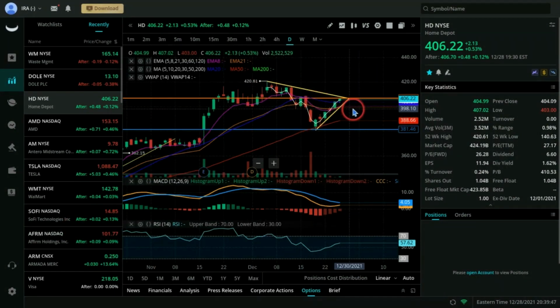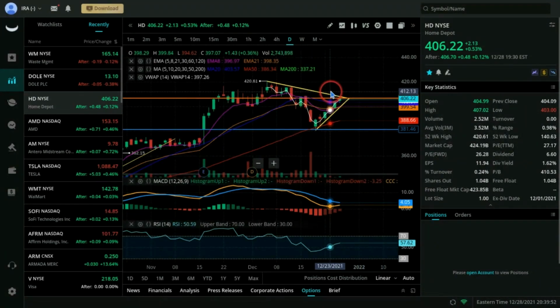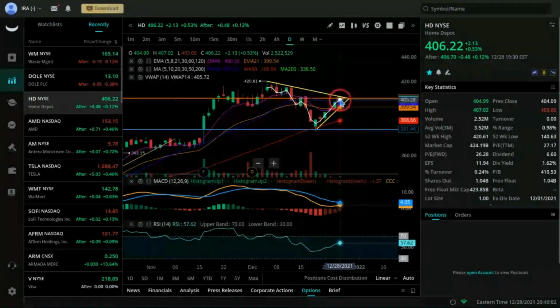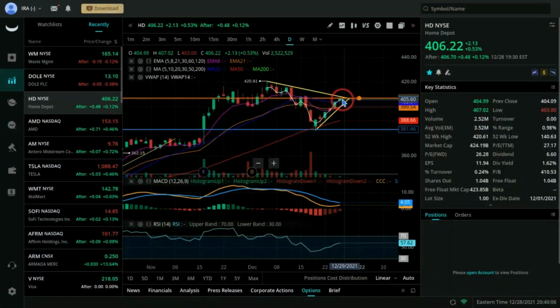Okay, so we have another triangle here. With this triangle, play it the same way. Put it on last trading day's candle. Move to the right a little bit, see where the next day's trading candle will be established.